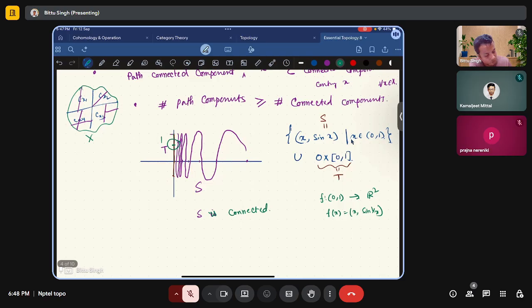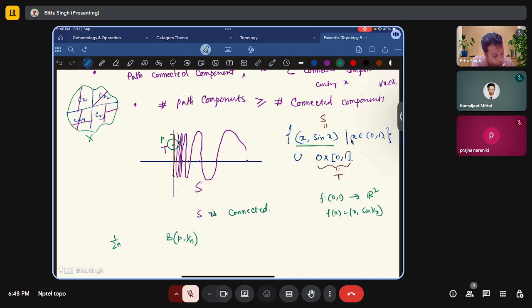So this is a point P. Then (P, 1/n) has infinitely many points from the sine curve, this S, right?